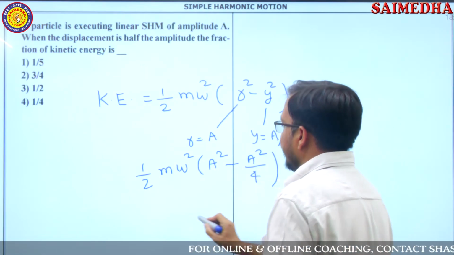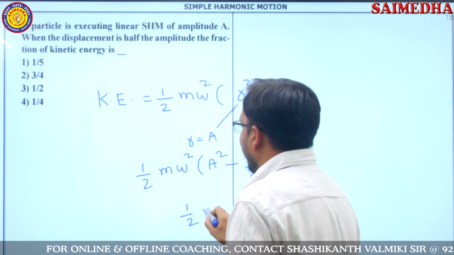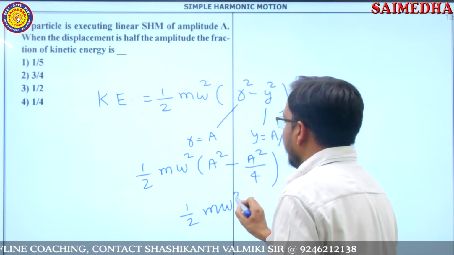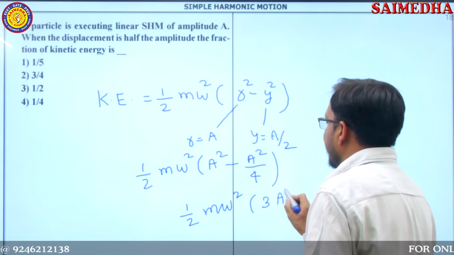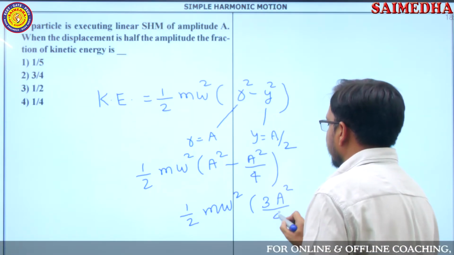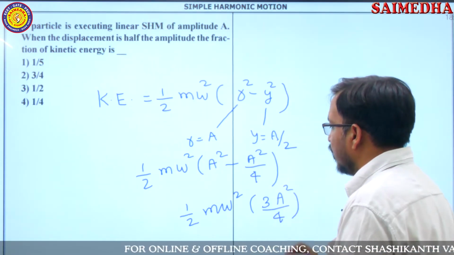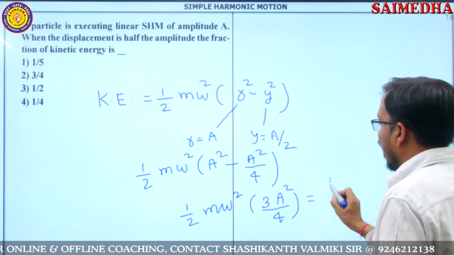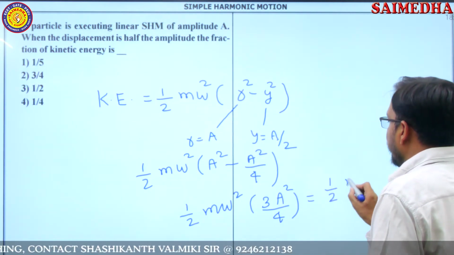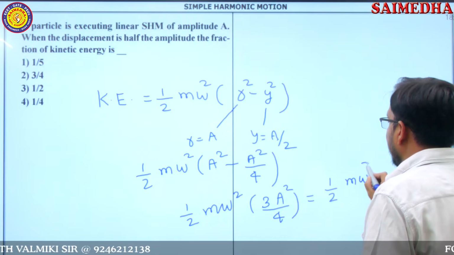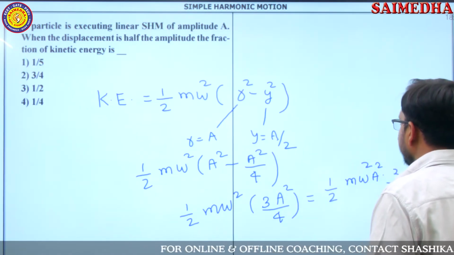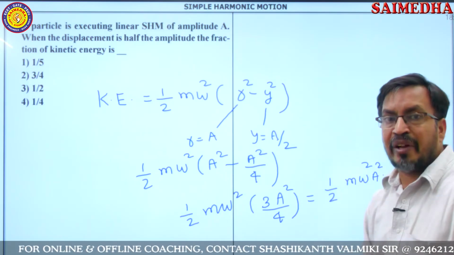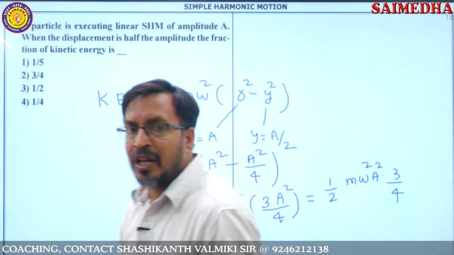Taking the LCM, half m omega square into 4A square minus A square, that is 3A square by 4. This equals half m omega square A square into 3 by 4.